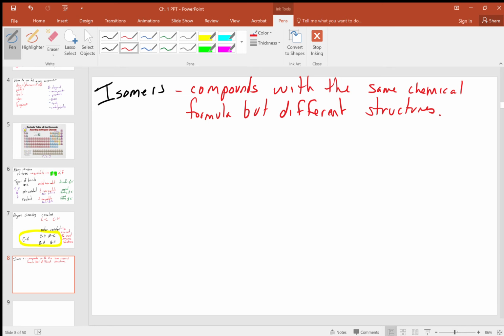Now, how important is this? Well, here's an interesting example. For the molecule with chemical formula C8H18, there's a number of different compounds that we can draw with this chemical formula.